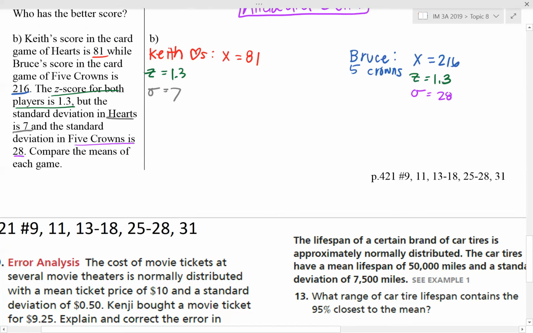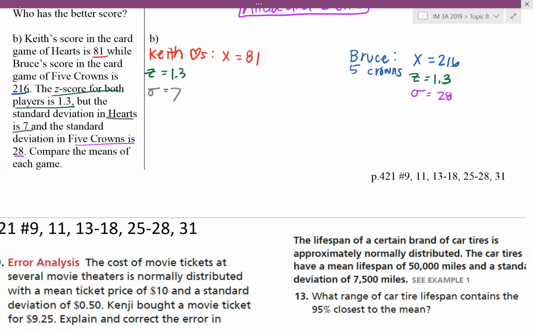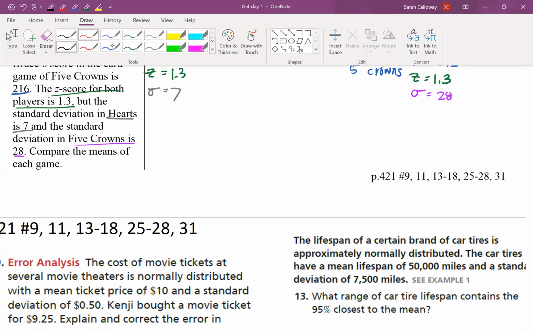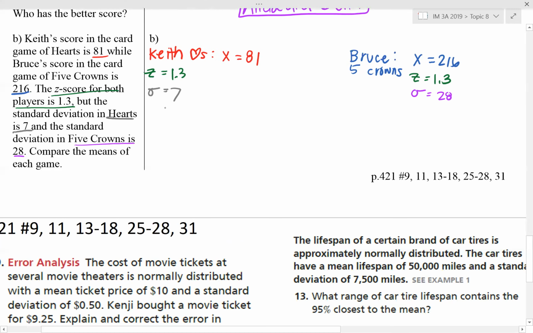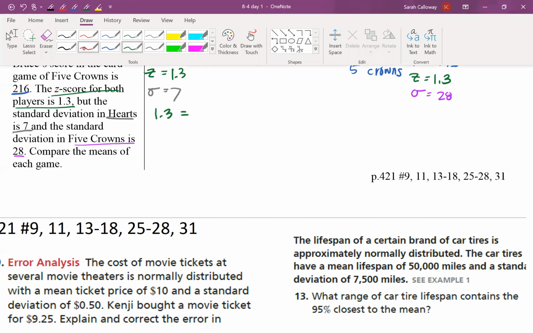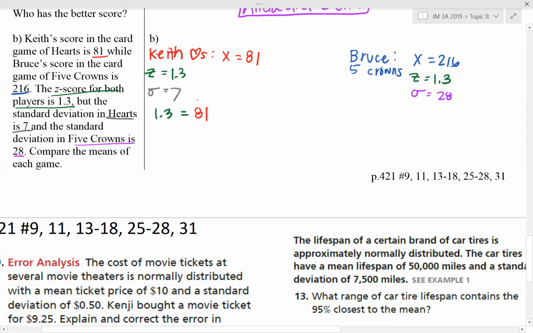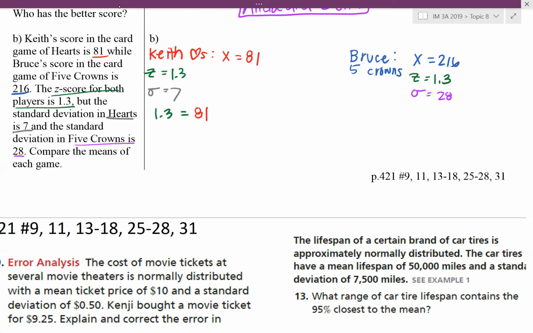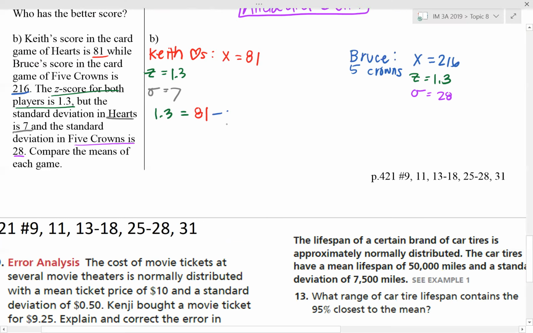So they're asking us to compare the means. So if I think about the formula for z-score, this time we know z, we know that we're starting with 1.3. So for Keith, we're going to do 1.3 equals his 81 minus the mean is what we're looking for, divided by the standard deviation, which was 7.